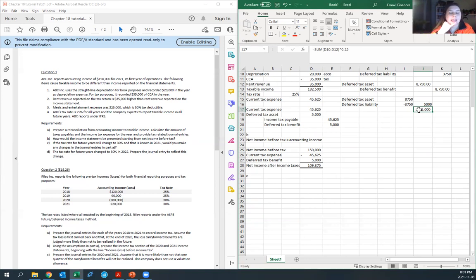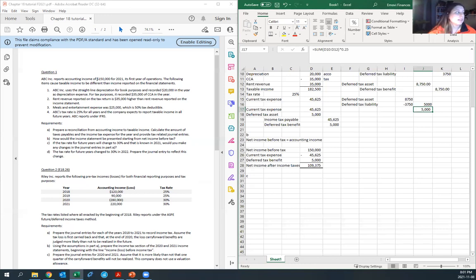Because your deferred tax accounts in general reflect the future impacts for your taxes, you need to make those accounts with your future income tax rate.